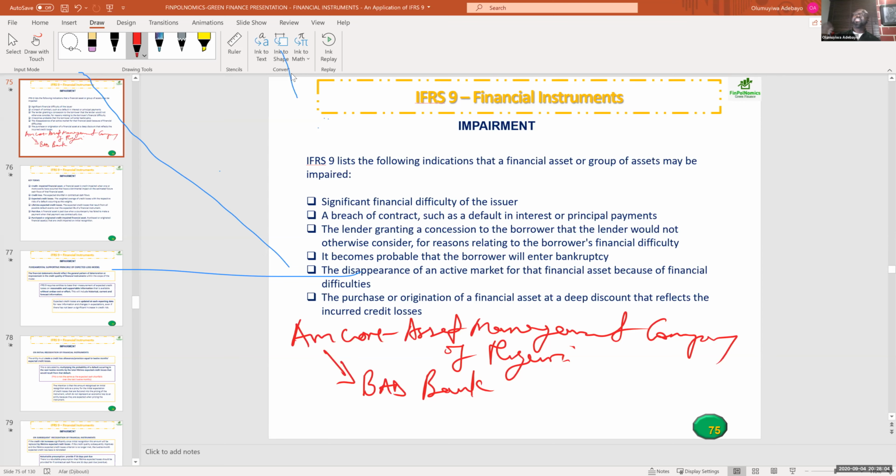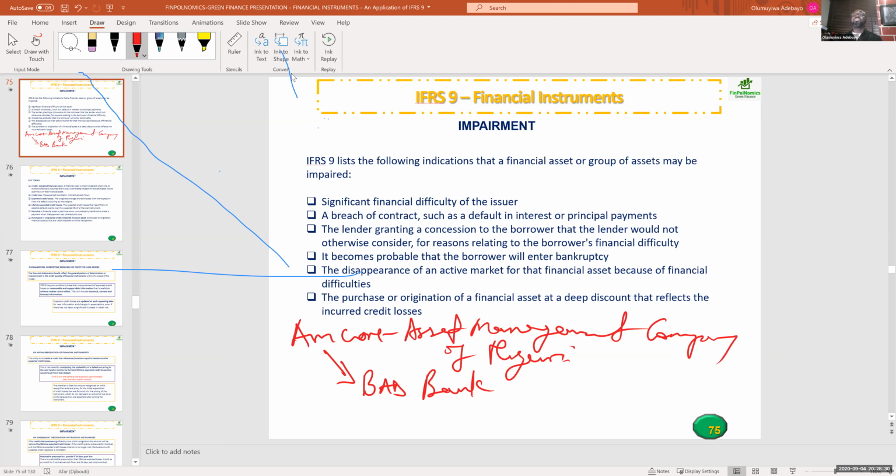And AMCON is discounting it because it's also looking at its risk and portfolio to say, my appetite is that based on the condition of this loan, I don't think I can recover more than 700 million. Therefore, that forms a basis to which they price that bad loan to say, okay, GTB, you take 700 million cash, I'll take that debt of 1 billion from you.